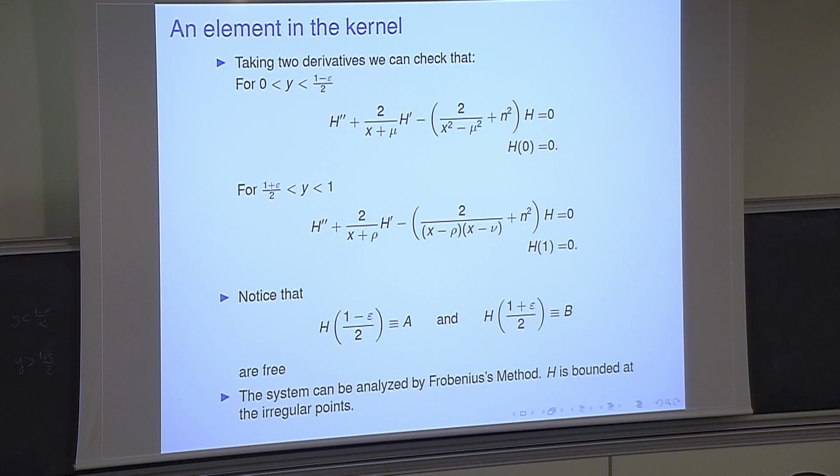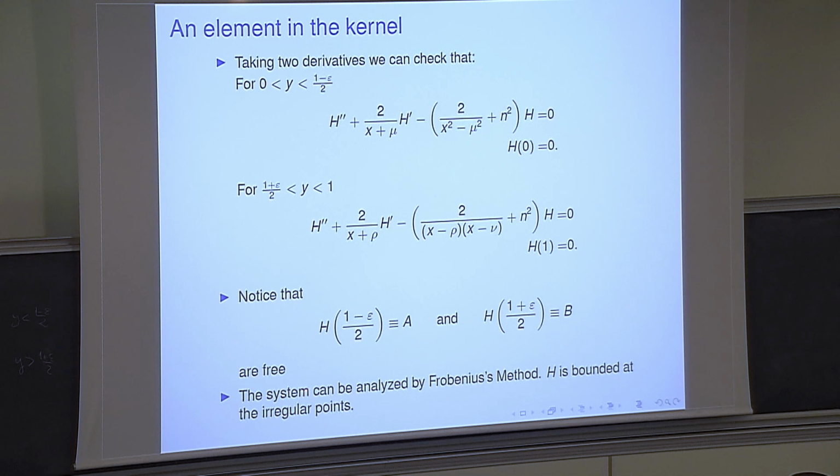Okay, and you do the same in the right side, and you find this ODE for the function h. So here n is equal to 1. On the left, okay, with this boundary condition. And I notice that the values of the function at the points 1 minus epsilon half and 1 plus epsilon half are something free, okay?